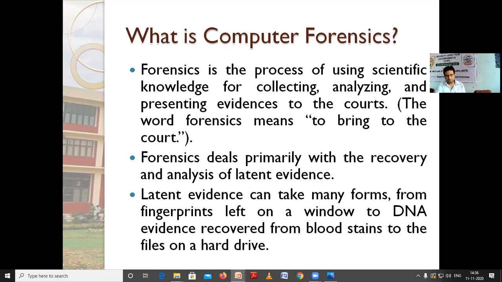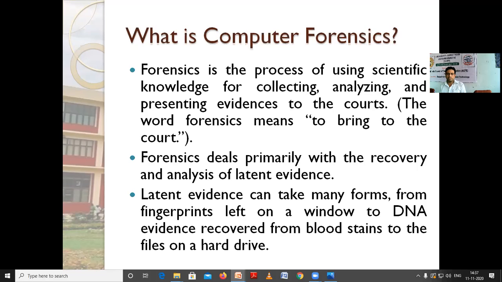You may be aware of the Arushi Hatyakand, the case from Noida. In the Arushi murder case, the culprit was not identified, and it is still being debated. Why so? Because when the investigation was initiated, significant evidence was mistakenly destroyed.